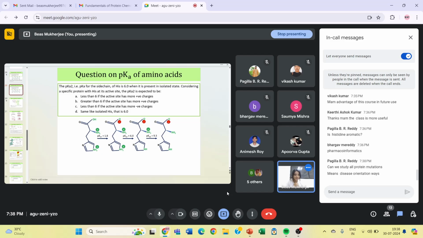Disease-oriented mutations? Yes, of course there are databases also, and now just by entering the sequence you can actually find out whether some kind of mutation is a missense mutation or not, what implications it will have in future, and what kind of diseases it can be associated with.